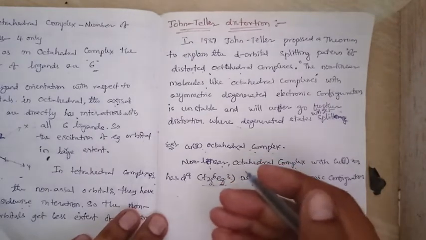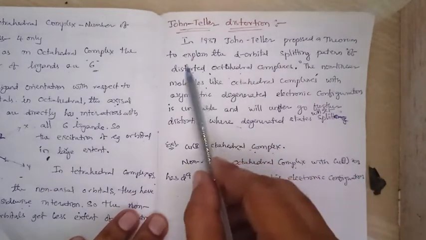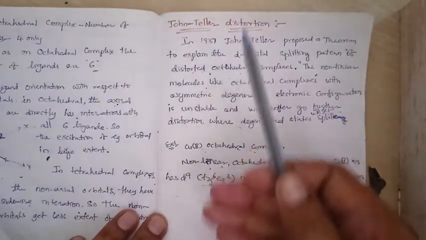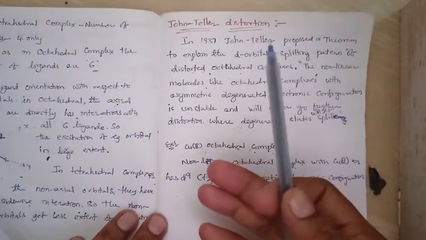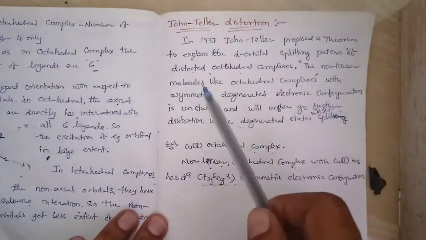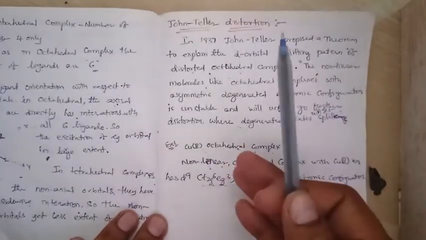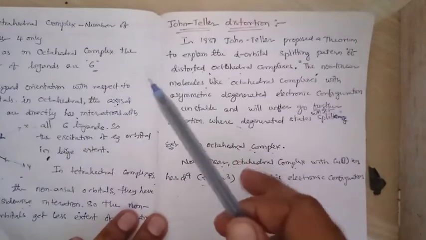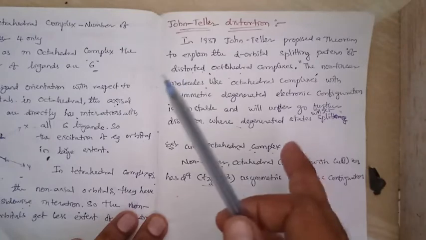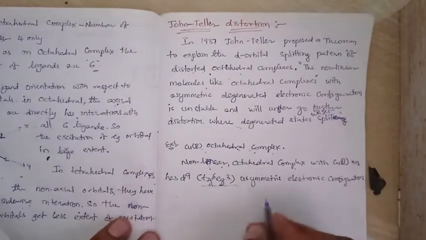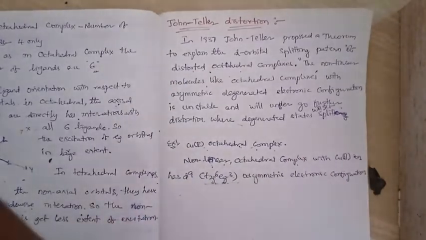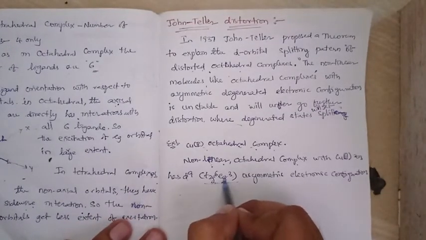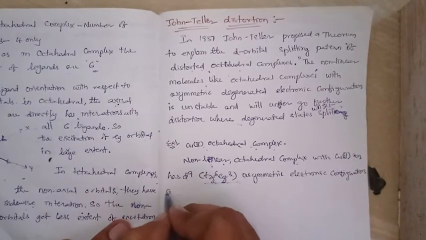In the distorted octahedral, as we stated initially, the 6 metal to ligand bonds will be unequal. Some will be shorter, some will be lengthened. What type of unequal bonds, how it can take place, we will see here. When it comes to the asymmetric electronic configuration of Eg, it has two cases.